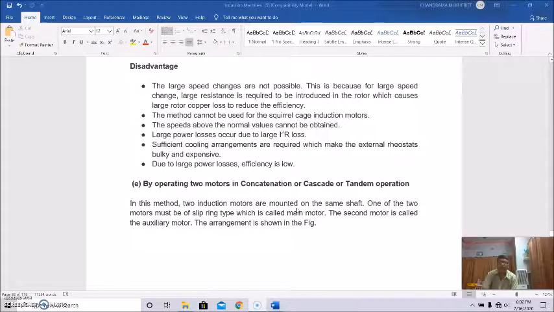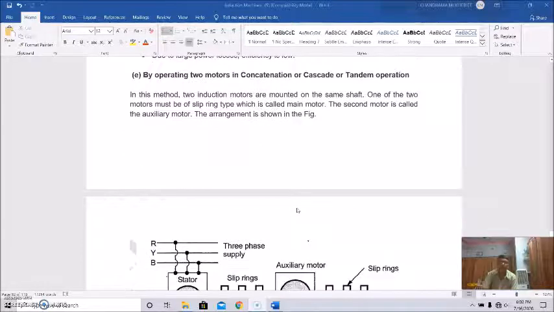Now we'll discuss another method, that is by operating two motors in concatenation, or cascade, or tandem operation. Basically in this method two induction motors are mounted on the same shaft.